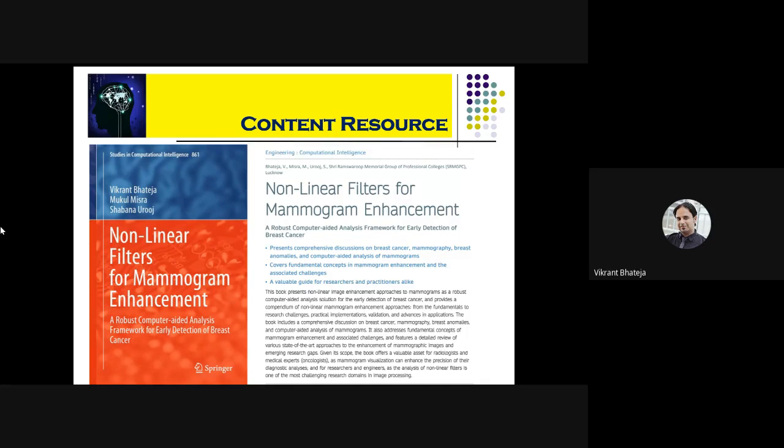This is a complete piece of research covering non-linear filters for mammogram enhancement and how they could be used for computer-aided analysis of breast cancer. I'm sure this book could be very helpful for budding researchers, or those in the initial stages of their PhD who want to start research in this domain.